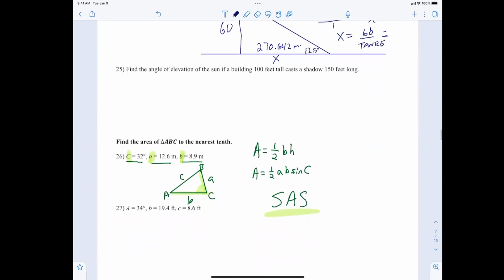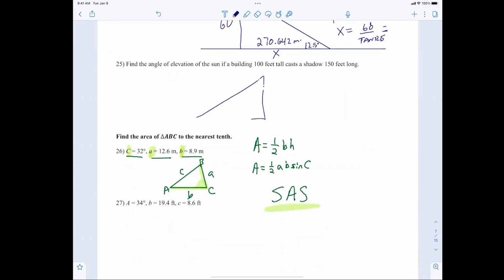All right, the angle of elevation to the sun, if a building's 100 feet tall, casts a shadow that's 100. So here's my building. Here's my shadow. And this is my angle of elevation. So what trig function? Come on, think for yourself. Tangent of theta is equal to. Good. So theta is equal to what? 33 point what?